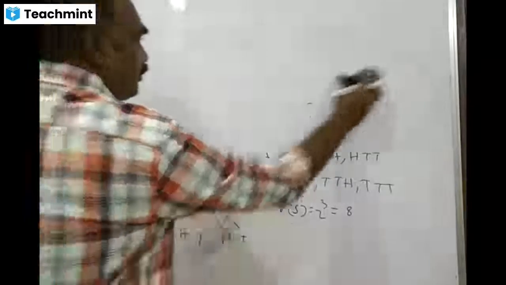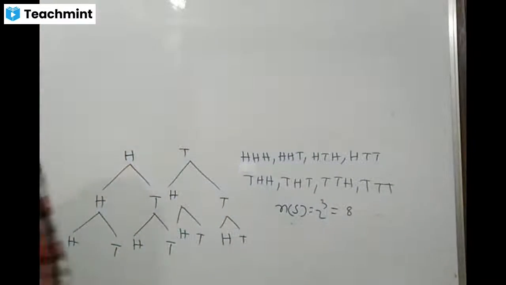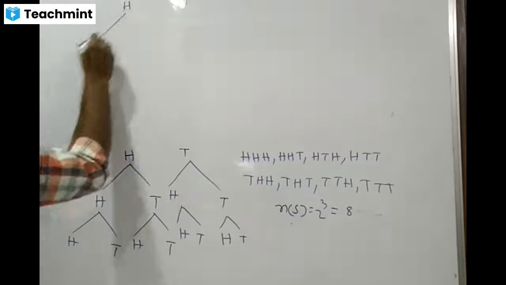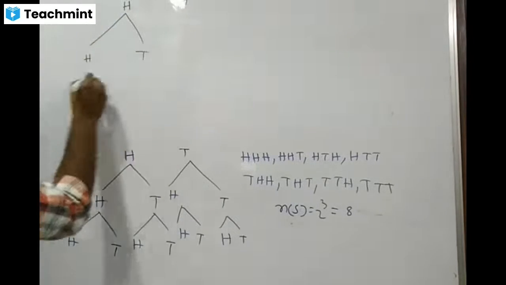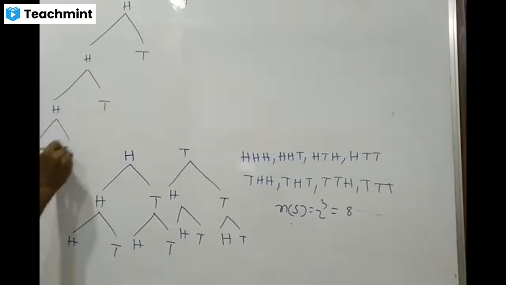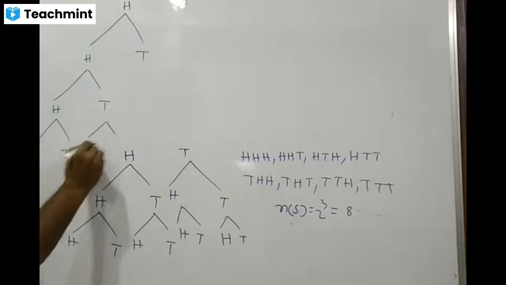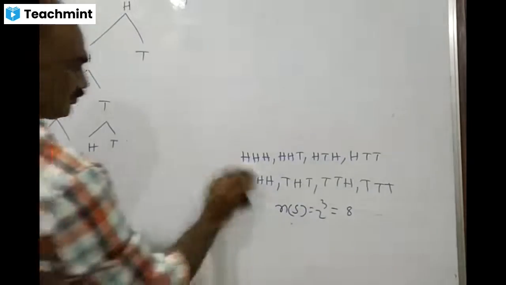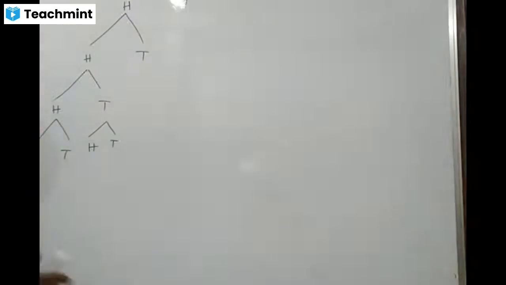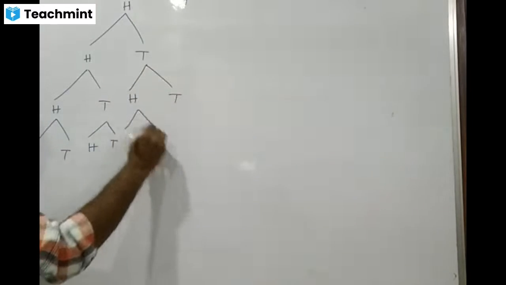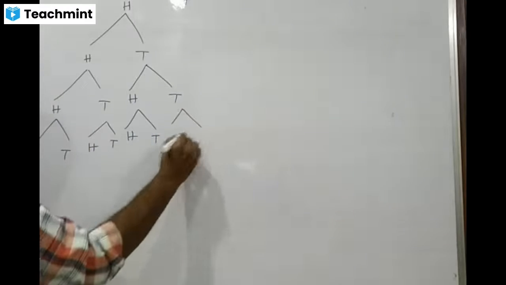A coin is tossed 4 times. Here H, T; here also H, T; here also H, T, for 4 times.